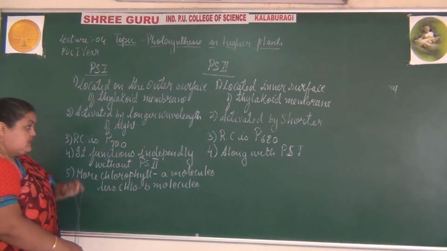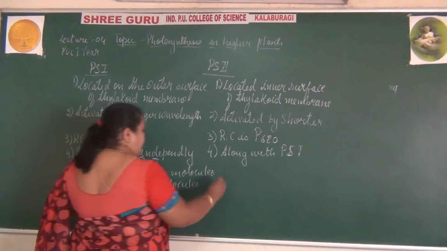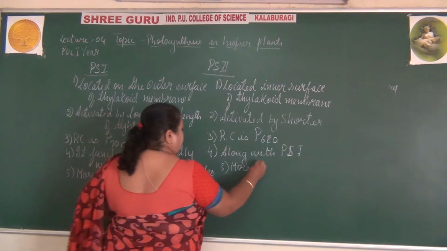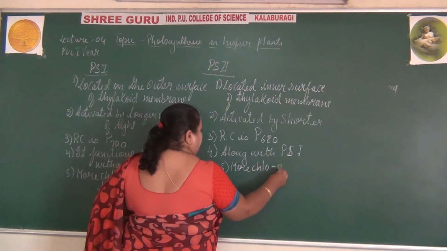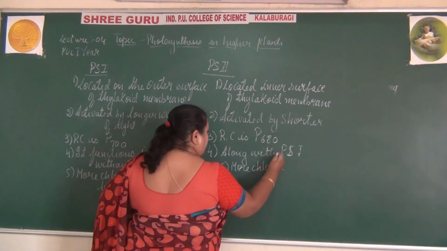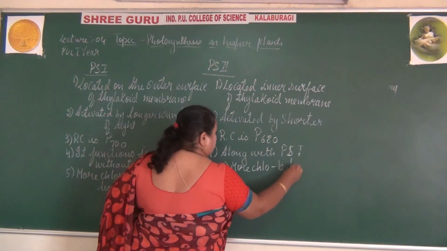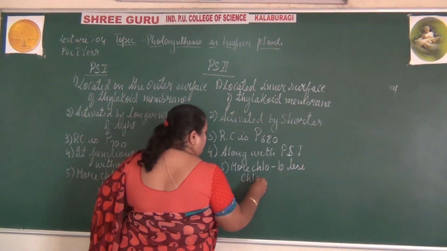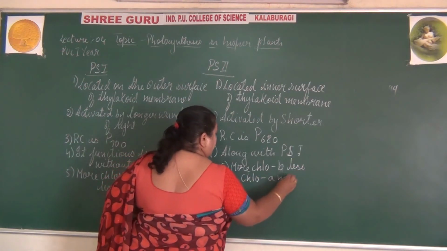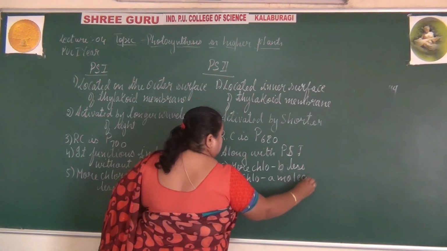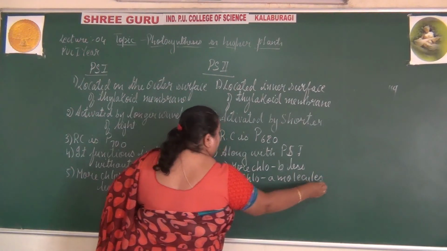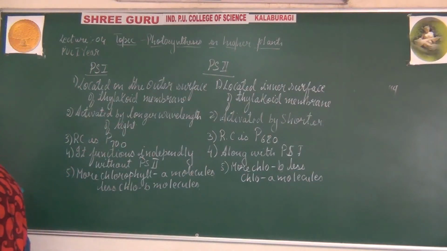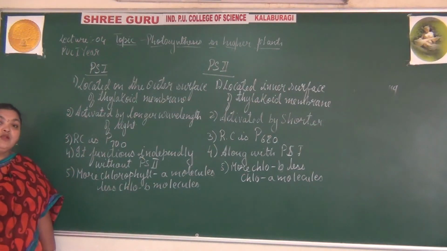The opposite is in photosystem 2, where there are more chlorophyll B molecules and less chlorophyll A molecules.